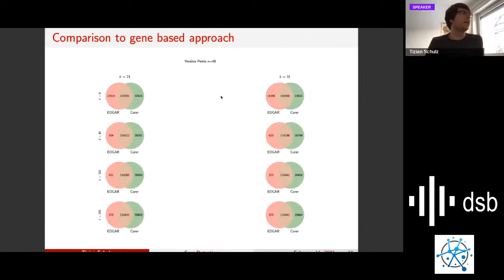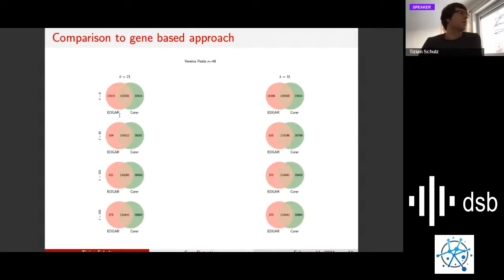Okay, so to answer the question whether we can already find a reasonable core, let's have a look at the results. So here I compared our implementation against another tool, Edgar. Edgar is a gene-based approach, so it detects the gene-based core genome.